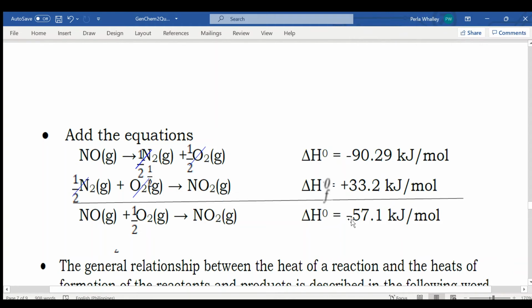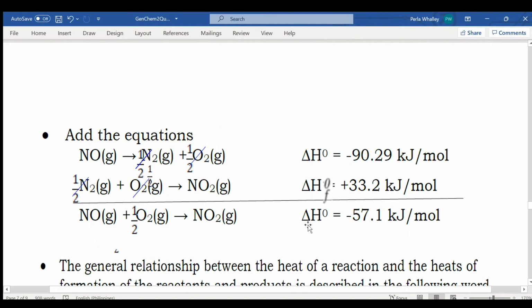The sign is carried over by the number with the bigger value. The number with the bigger value here is 90, and the sign is negative, so the answer will also have a negative sign. That means this thermochemical equation is exothermic because the delta H is negative.